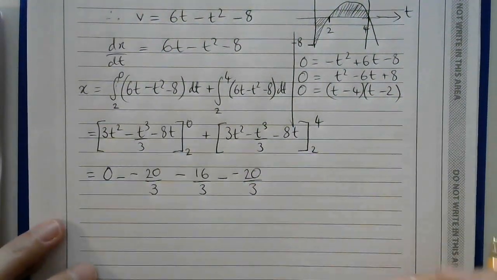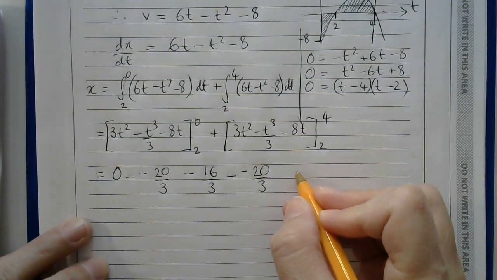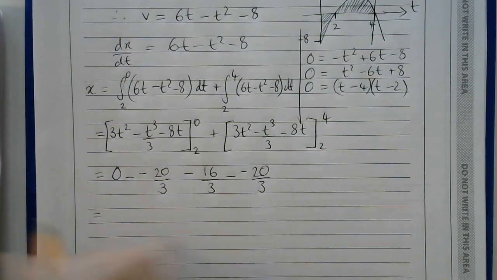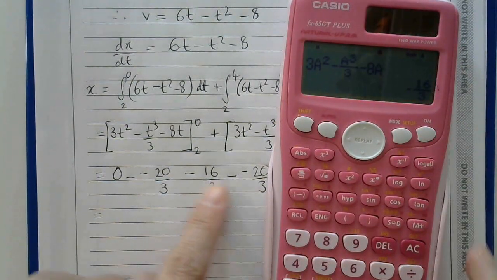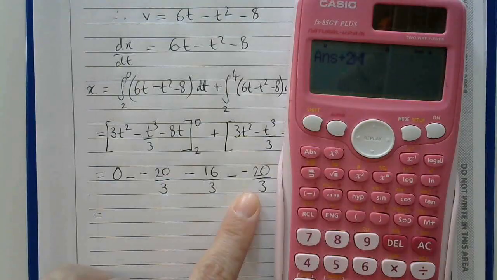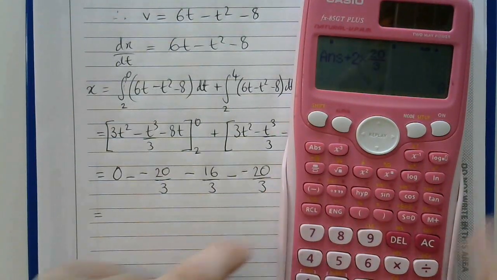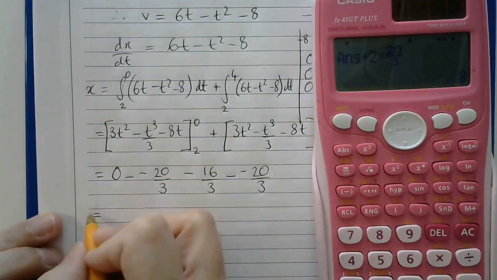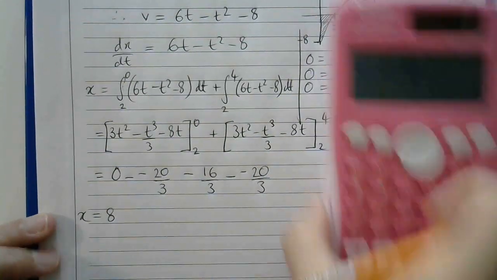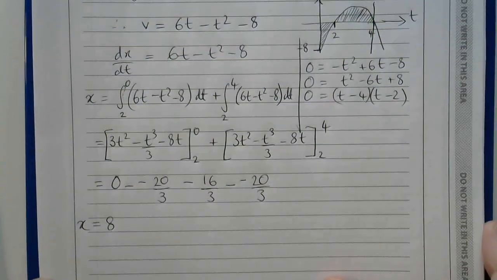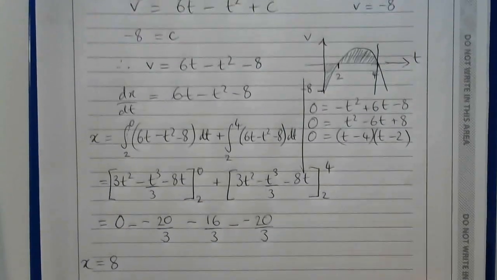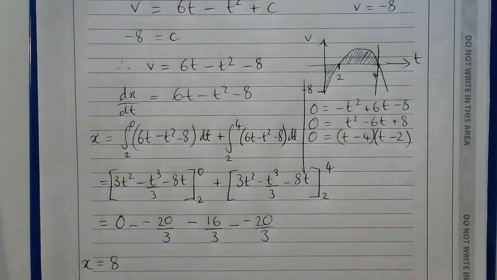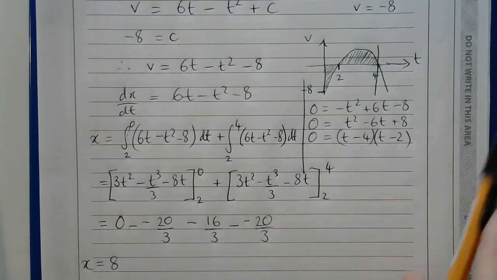Okay, so putting all of those values together, then I get negative 16 over 3 plus 2 lots of 20 over 3. And so I get the final answer of x is 8. And so that gives you the total distance travelled by P in the first 4 seconds. So that part of the question is worth 5 marks.